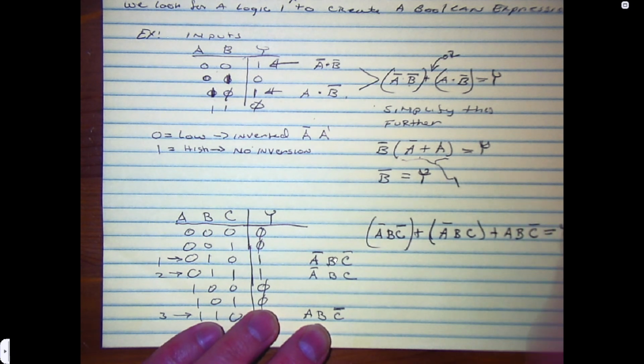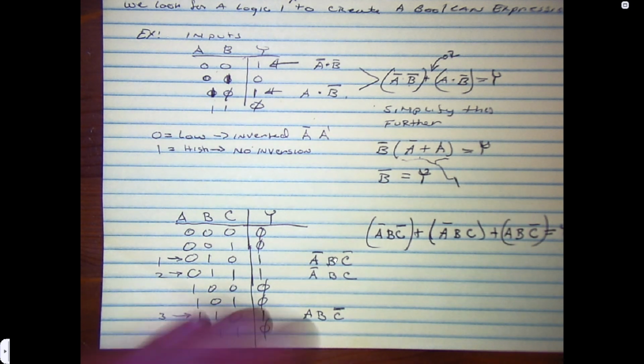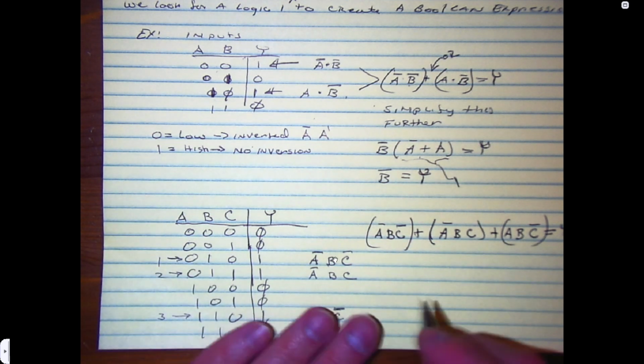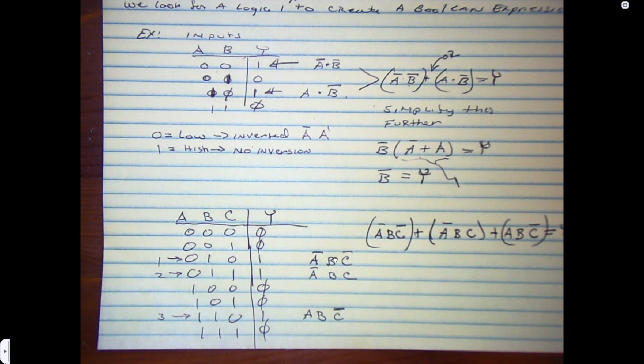And that's equal to Y. All right, so technically we can start pulling things out and make it simplified here. But if you gave me that, that would be the correct answer. But let's simplify.